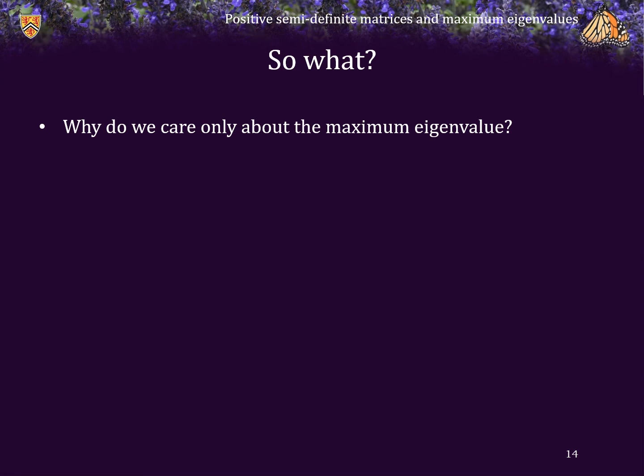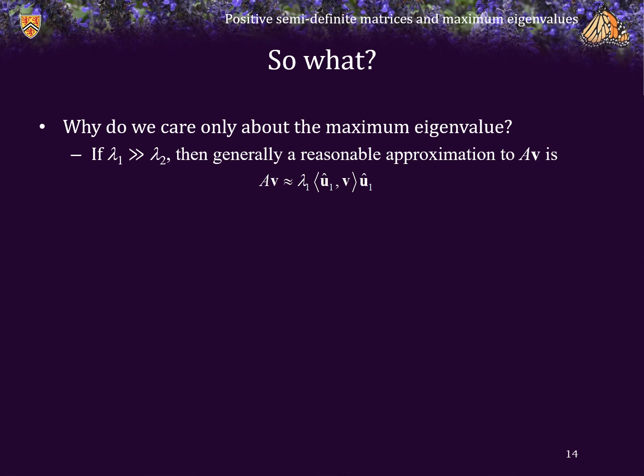All right, so what? Why do we care only about finding the maximum eigenvalue and a corresponding normalized eigenvector? Well, quite easy. If lambda1 is significantly larger than the next largest eigenvalue, then generally a reasonable approximation to A times V, where V is an arbitrary vector in the vector space, is simply the projection of that vector onto that eigenvector times lambda1.